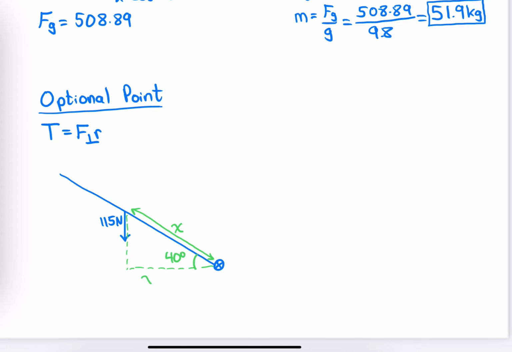And this would be x cos 40 degrees. So what I could do when calculating the torque about this point created by this force is keep the force as it is, 115, and I could multiply it by the component of the distance that's perpendicular to that force. Here's my force. Here's the part of my distance that's perpendicular to it. So I would get 115 times x times cos 40.